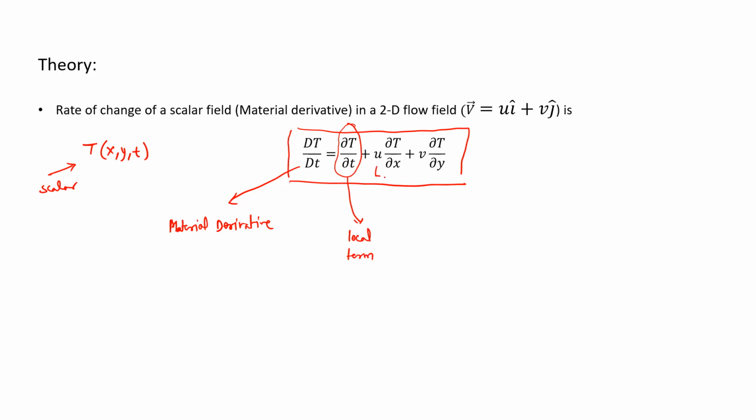The second term is called the advective term, and this gives you the advection of the scalar field when it is under some kind of a fluid flow given by this velocity vector v, which is u i cap plus v j cap. Now, knowing this, let's see how we can solve this question.